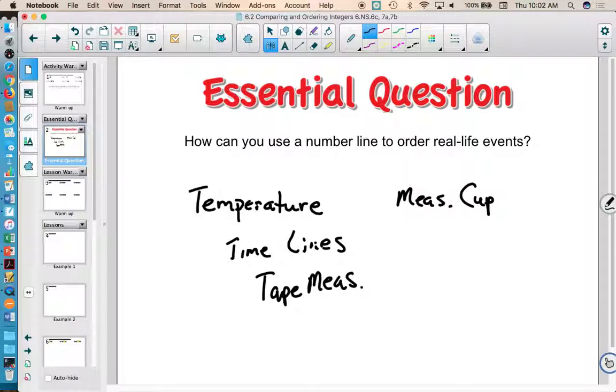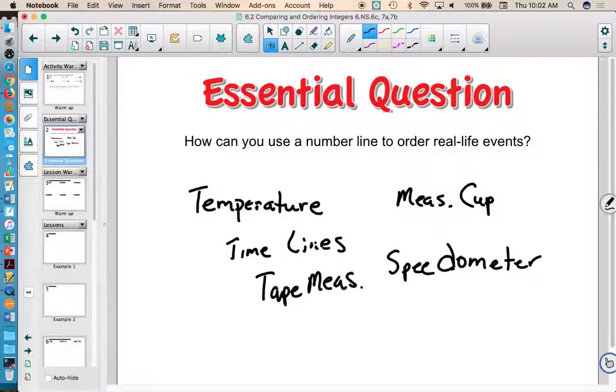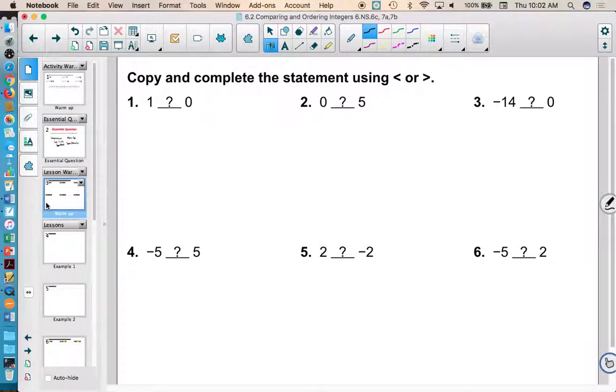The speedometer on a car. Okay, that's not spelled right. I know better than that. I'm saying it in my head and not spelling it. Okay, speedometer. All right, so lots of different ways that we could use it.